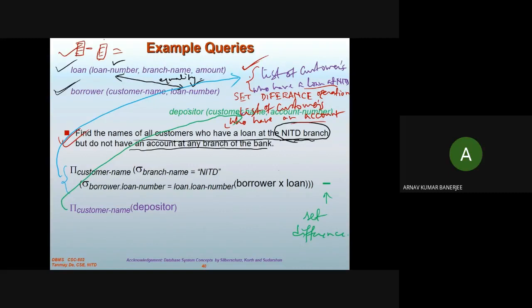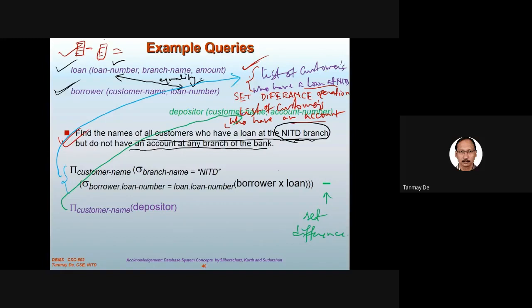Sir, can you explain again? Okay, from the beginning. From when you started the equation. Okay, just a minute. What is our query?